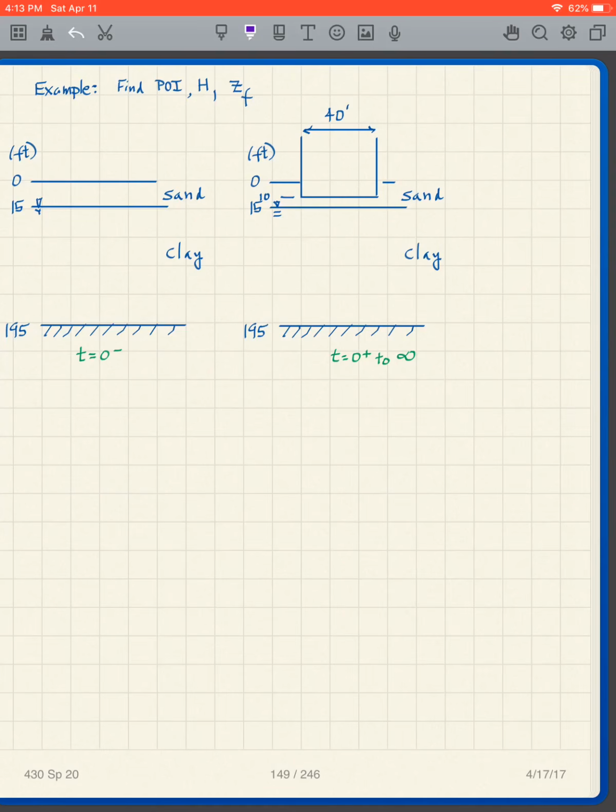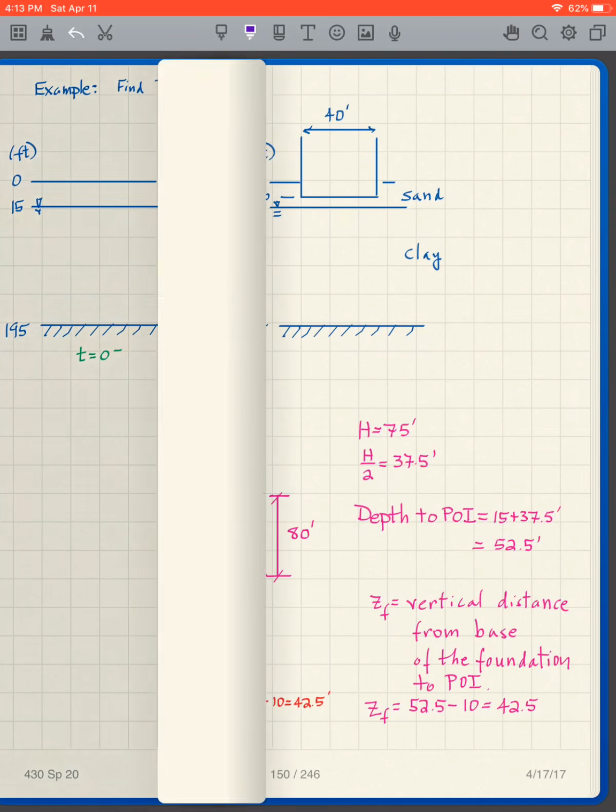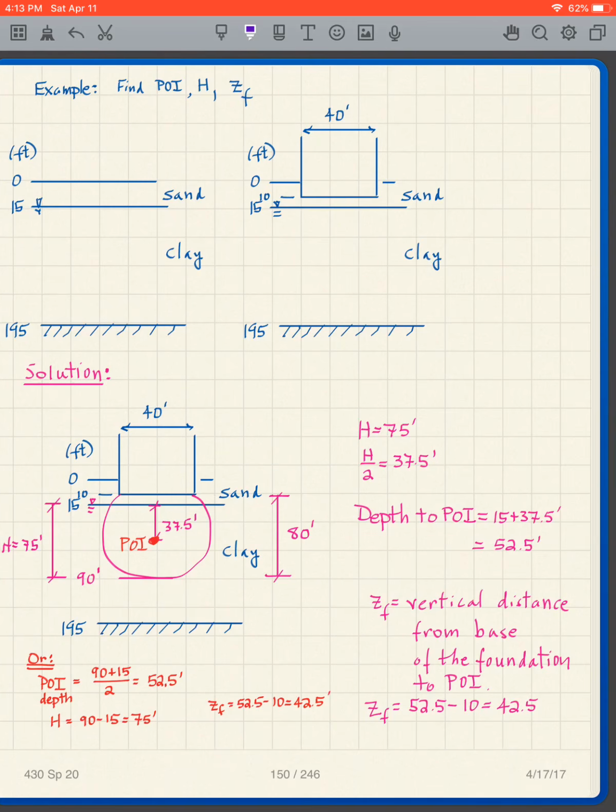Okay, I've assumed that you've paused the video. I'll just give you the answer. We've done this problem. What do we do to find the point of interest? We first draw the pressure bulb, which is 2 times the width. So it's 80 feet because the width is 40 feet. That means that the pressure bulb goes down 80 feet 2 times. We find the bottom of the pressure bulb, which is 90 feet.